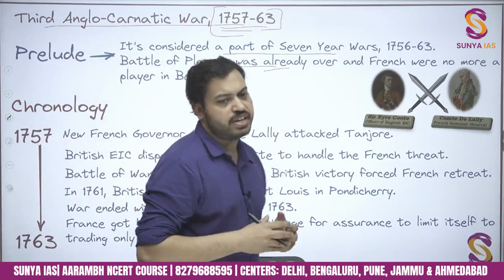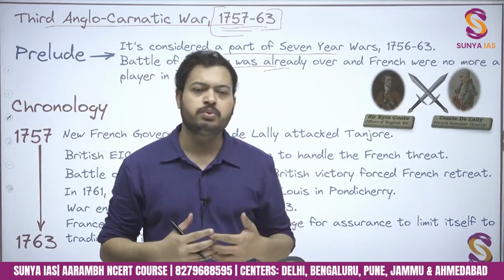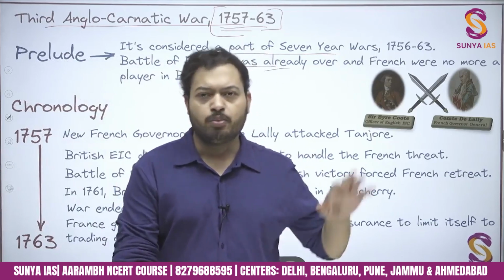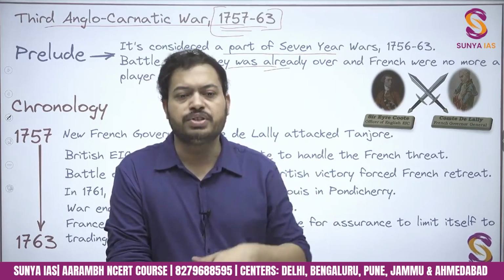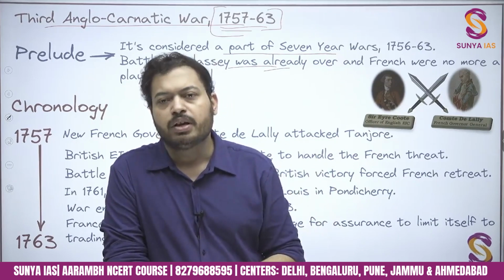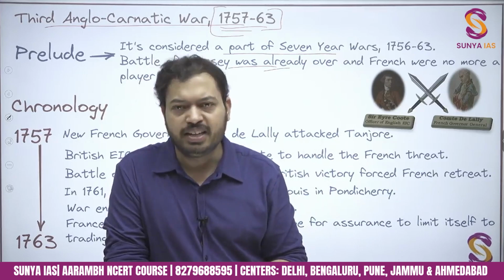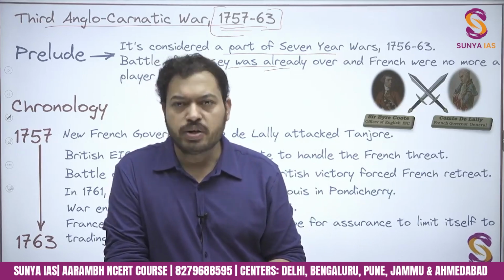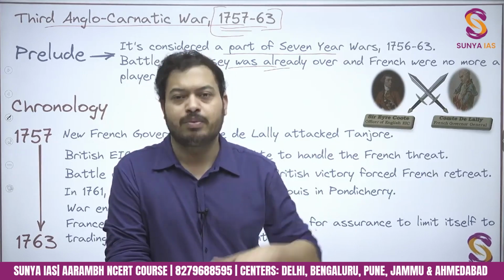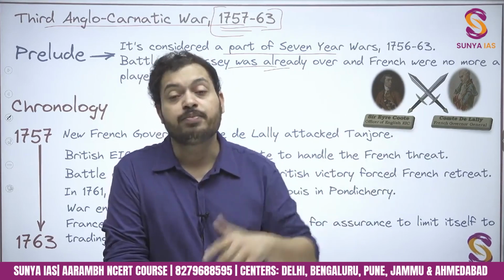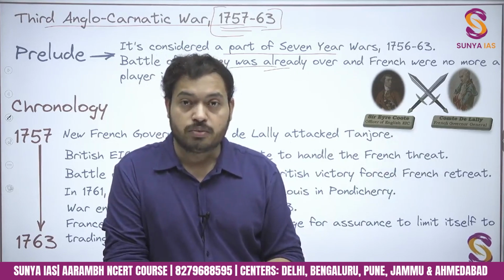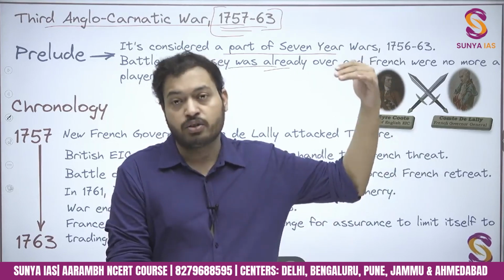So under these circumstances, the French East India Company wanted to do something, and Dupleix was already sent back. So the new official who came, his name was Count de Lille. Count de Lille wanted to do something and somewhat take revenge for what was done to his predecessor, somewhat also to further his own agenda as a part of the global war.